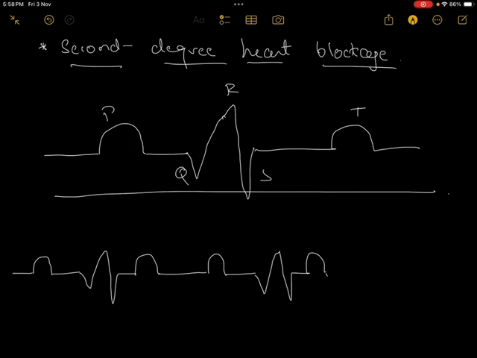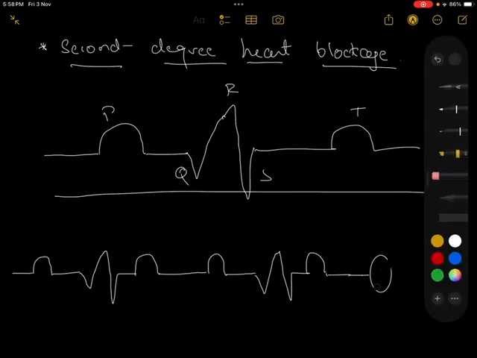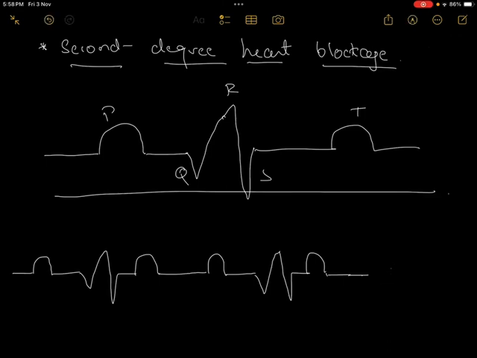After 2 beats, there is only formation of P wave, but there is a dropping of QRST complex, and again there is a formation of P wave and a QRST complex. I can't draw that because I have not got enough space here, so I will continue that diagram here.